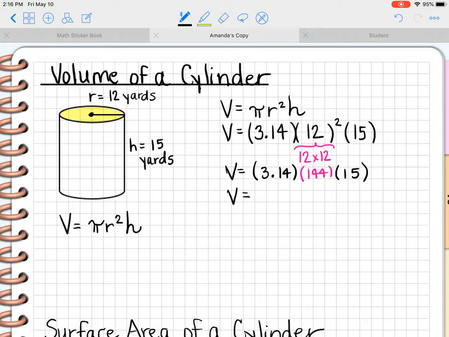So 3.14 times 144 times 15 equals, and I get 6,782.4. This is volume, so it's cubic yards.